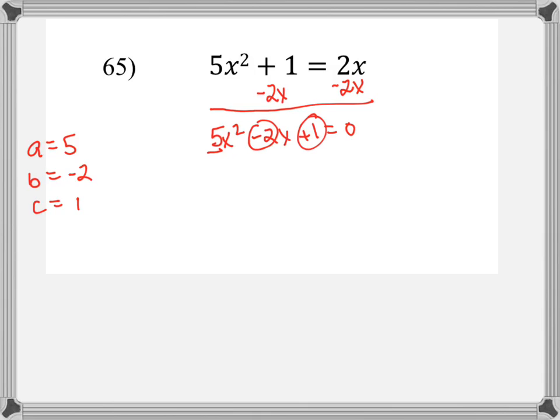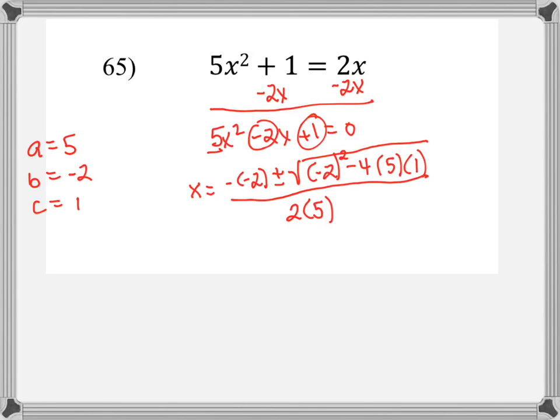Let's use our quadratic formula again. So x equals the opposite of negative 2 plus or minus the square root of negative 2 quantity squared minus 4 times 5 times 1 all over 2 times 5. Simplifying, we get x equals 2 plus or minus the square root of 4 minus 20 all over 10.